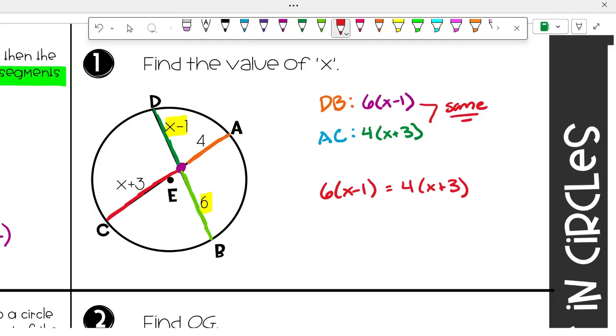All right, what's my first step to solve? Not quite. This is just linear. Distribute. If it was a quadratic, we said equal to 0, but this is linear. This would be 6x minus 6 is equal to 4x plus 12. Then what do I do?